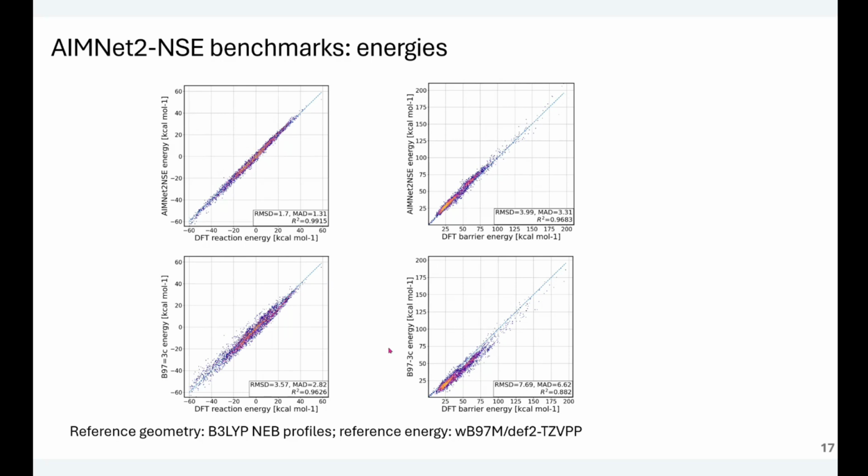But AIMNet trained on hybrid DFT versus hybrid DFT is much better than GGA DFT versus hybrid DFT. So, again, it's a very cool result showing the accuracy of this model.